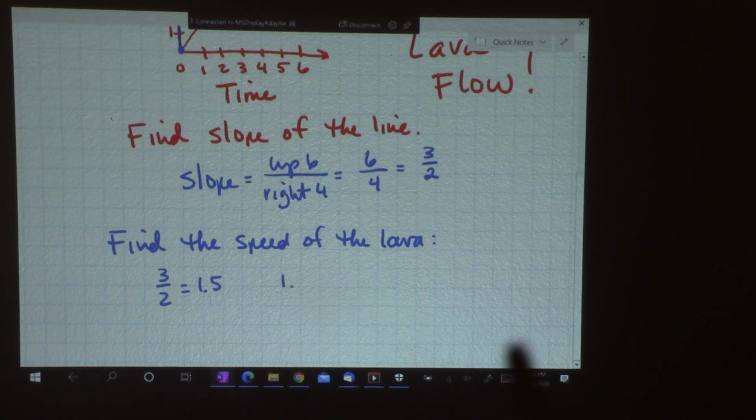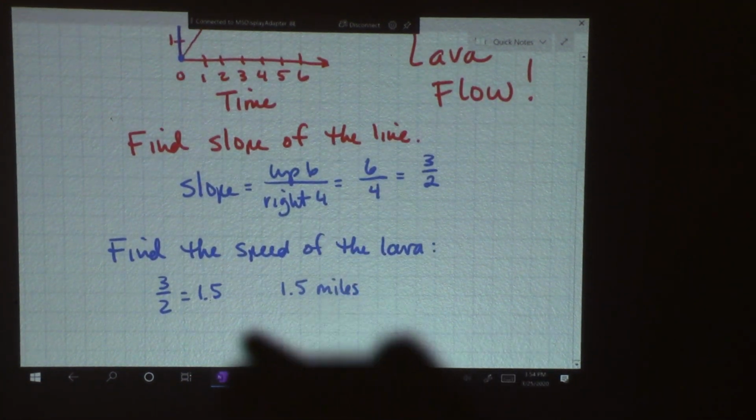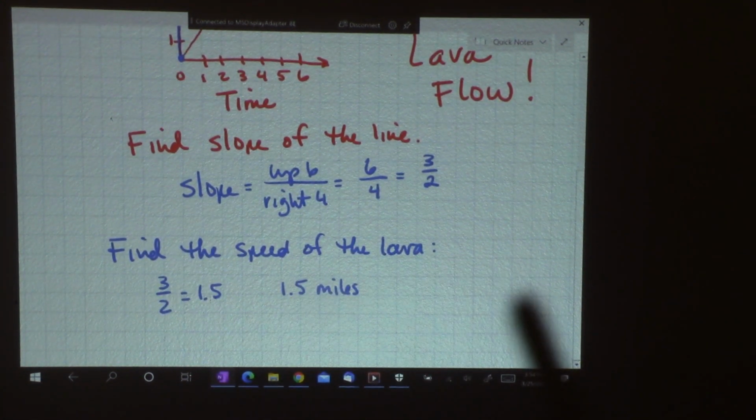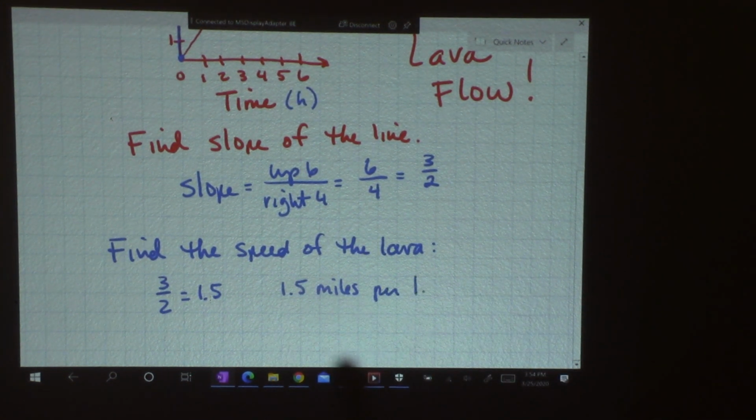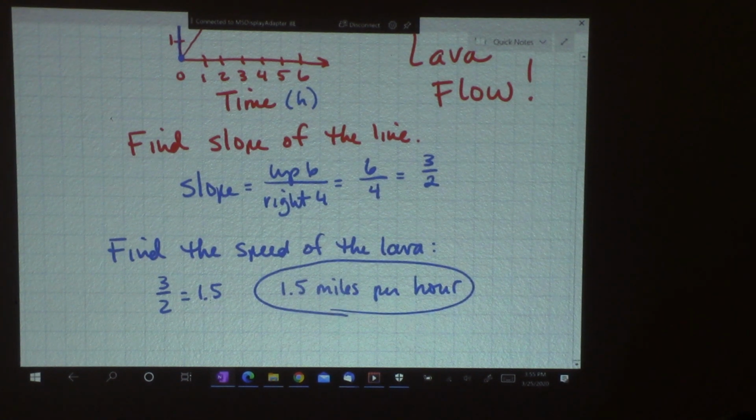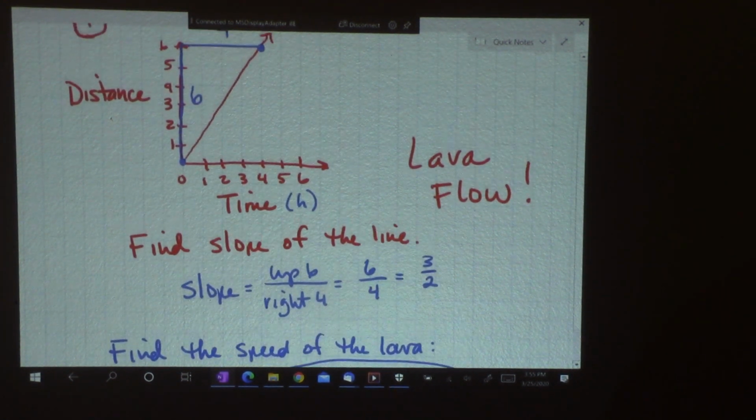So that would be 1.5 miles per hour. This is in hours, isn't it? Yeah. Miles per hour. So that's pretty far. That's quite a bit of destruction that lava can make. And that's how we figure it out using the graph.